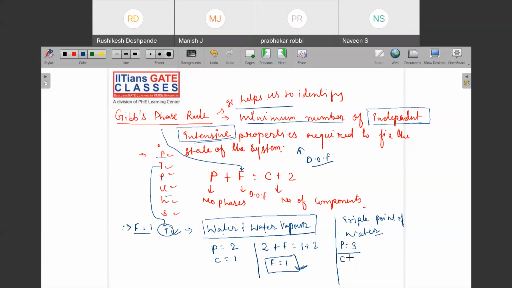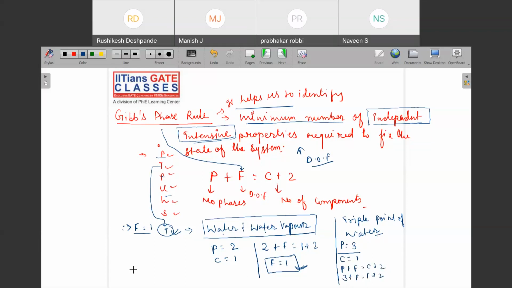And components is anyway one only, that is water. Then when you apply the Gibbs phase rule, P plus F is equal to C plus 2. Here P is 3, plus F, C is 1, plus 2.